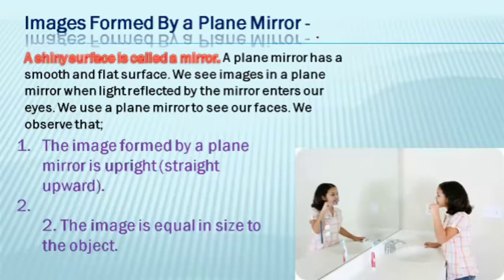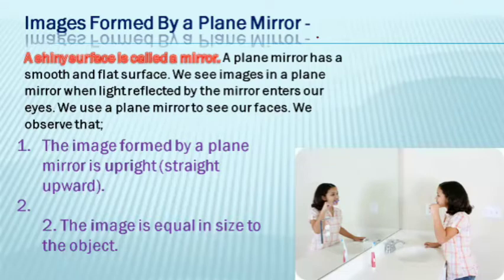Yes, dear students, we have seen in the previous lecture about smooth and rough surfaces. As we know, light is reflected at an equal angle in the opposite direction in a plane mirror. A shiny surface is called a mirror.